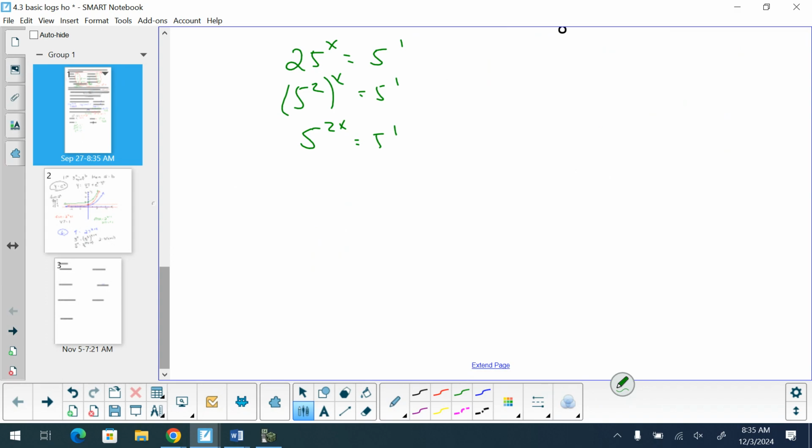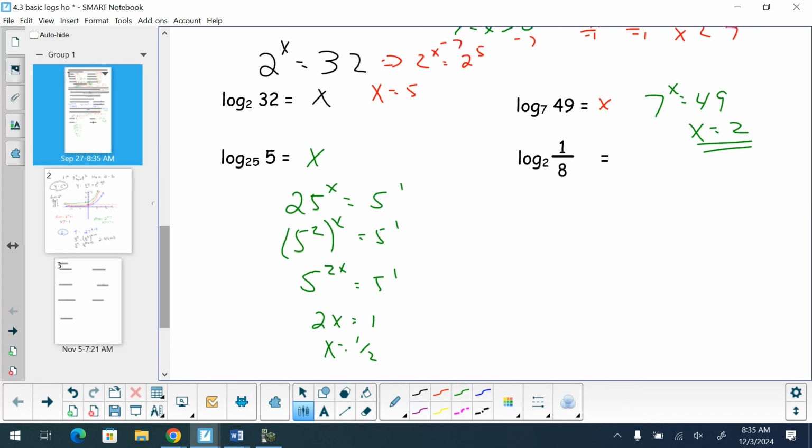If we have a like basis, the exponents must be equal. So x is equal to 1/2. Or you can think back to what exponent we utilize when I'm taking the square root? Well, that exponent is 1/2. Once again, it's going to tax you on your properties of exponents.